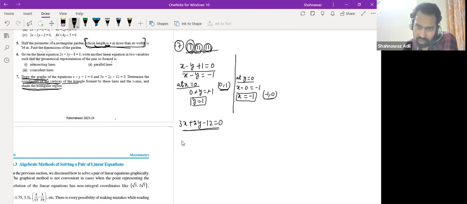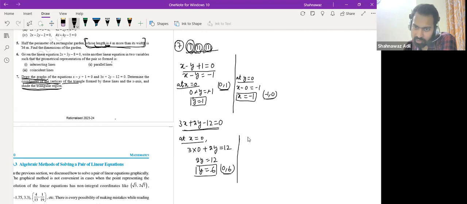So again, at x equals to 0, we have 3 into 0 plus 2y equal to 12. Right, so this is 0, 2y equals to 12. So y is 6. So the point is 0, 6. And now the second point would be at y equal to 0.